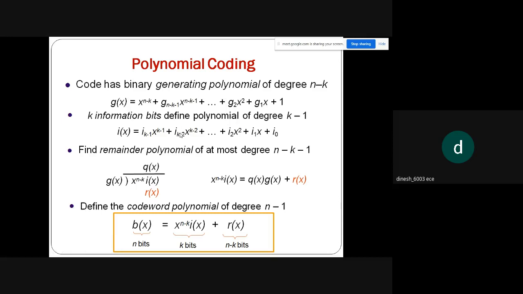And the degree of the remainder polynomial will always be at most n minus k minus 1. And g of x can be found out by this relation, which we get: x power n minus k times I of x is equal to q of x into g of x plus r of x.